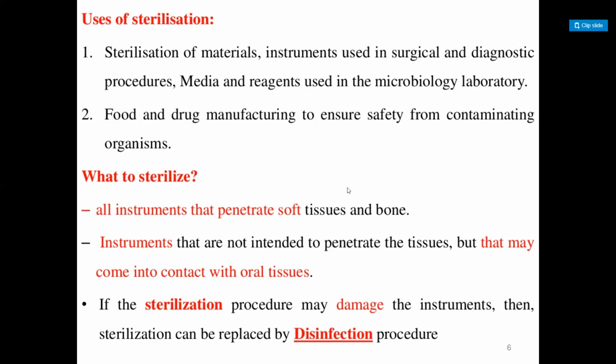But we must sterilize all instruments that penetrate soft tissue and bone, that means all instruments which come in contact with the body of the human being need to be sterilized. Instruments which do not come in contact or penetrate may not need to be sterilized. That means if it is not coming in contact with the body, that instrument can sometimes be left out of sterilization.